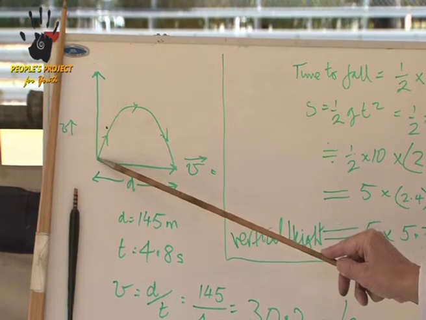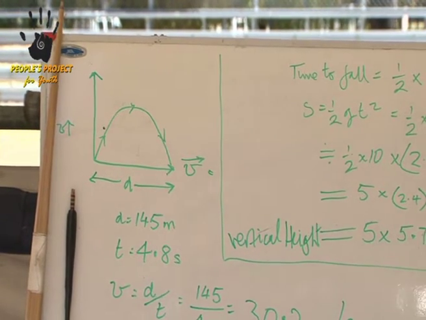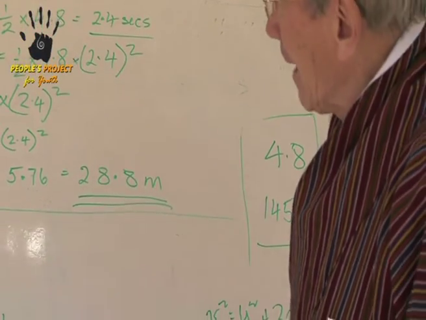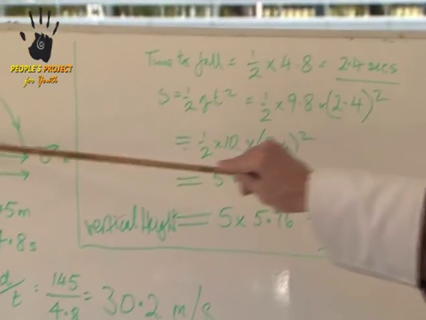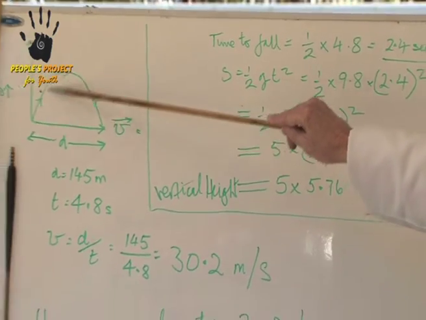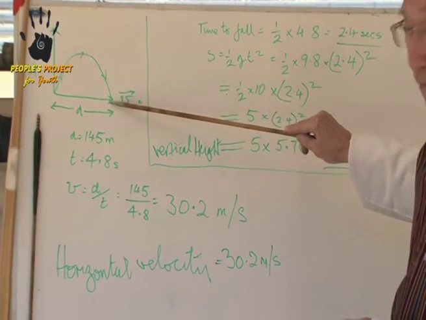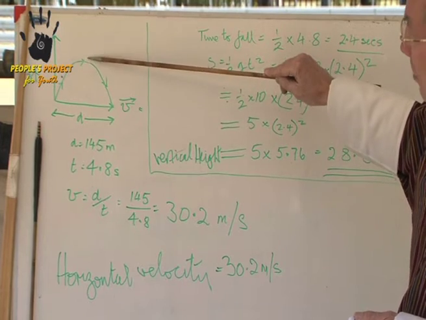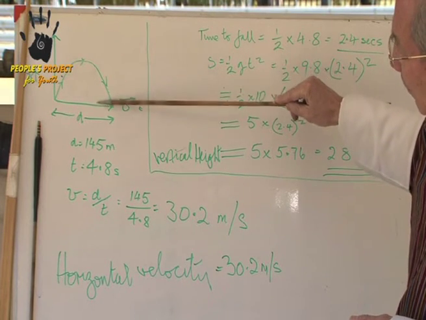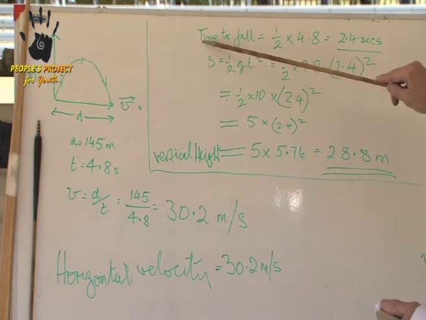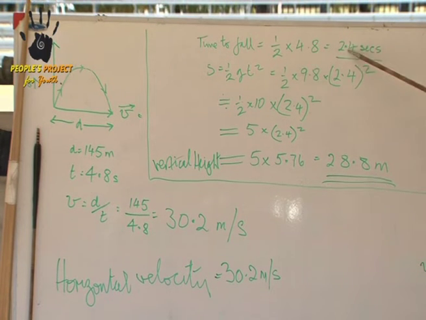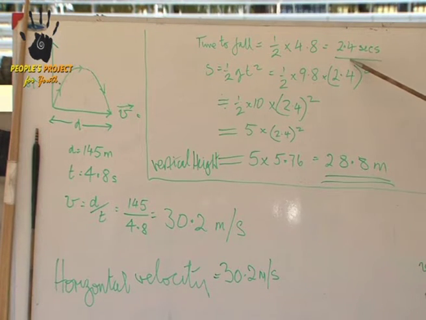The time taken to go from here to there was measured as 4.8 seconds. The arrow went up and down in 4.8 seconds. So it just took half of 4.8 seconds to do the second bit, the fall. So the time for the arrow to fall is a half of 4.8, which is 2.4 seconds.